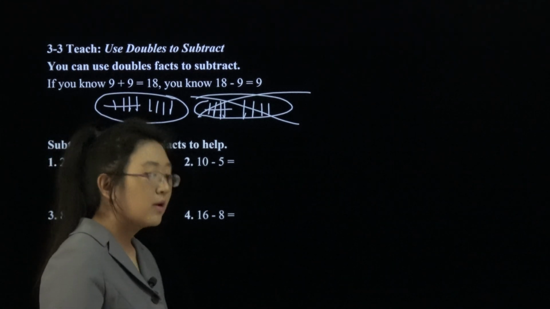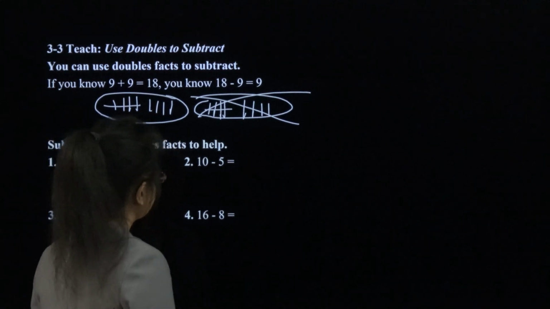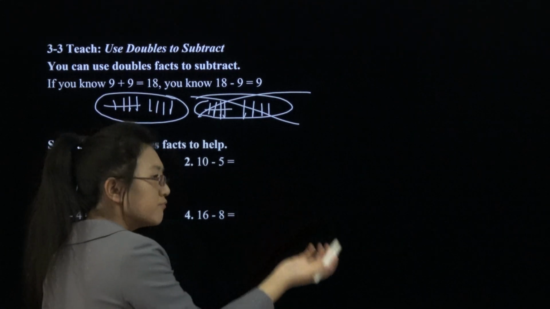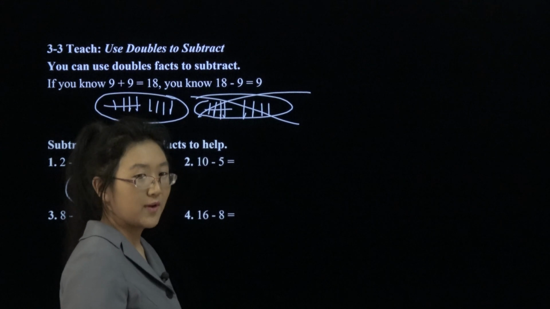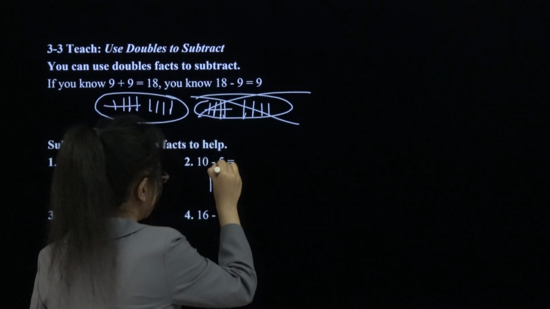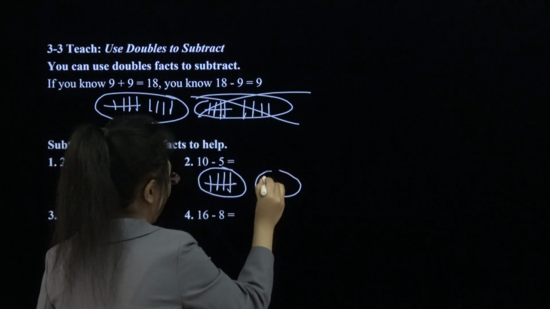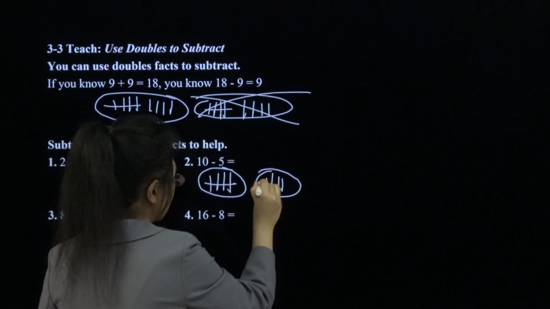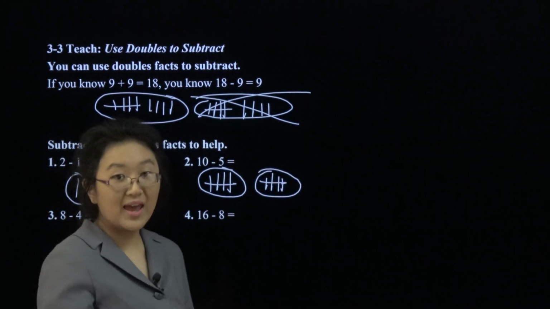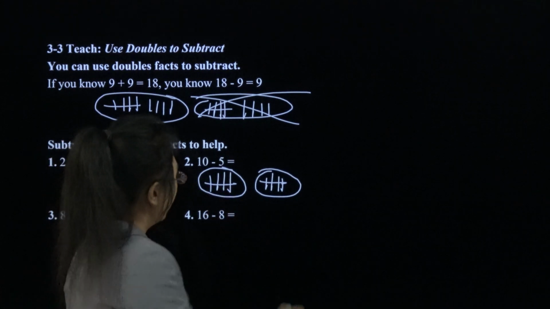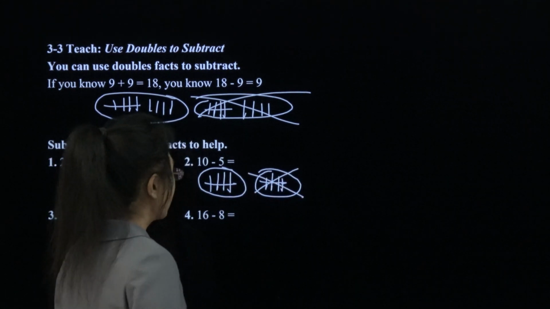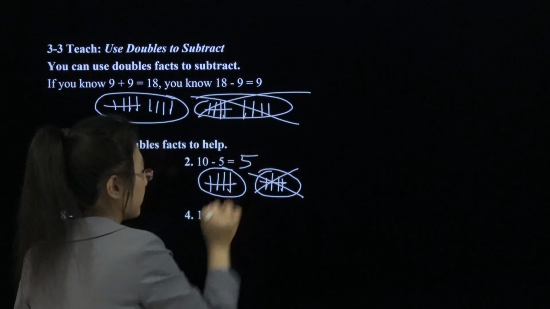Well, 10 minus 5, we have what addition doubles fact? 5 plus 5 equals 10. So 10 minus 5 equals 5.